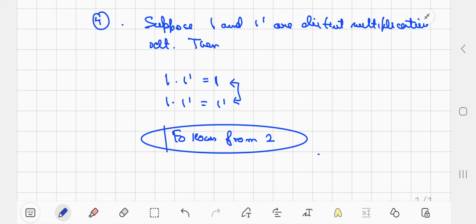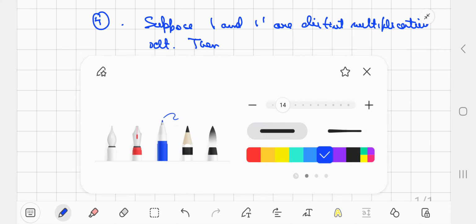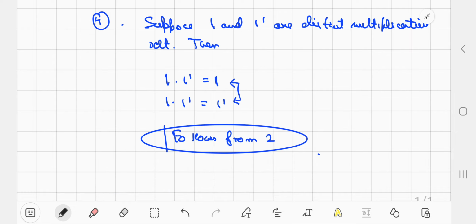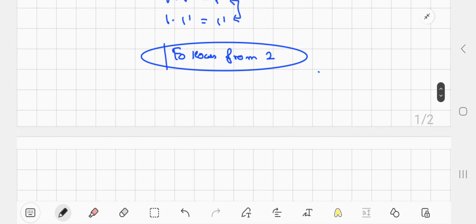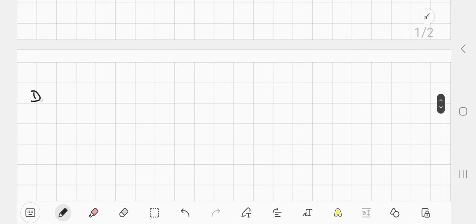Okay, now let us introduce 2 more important definitions. First thing, let R be a ring.